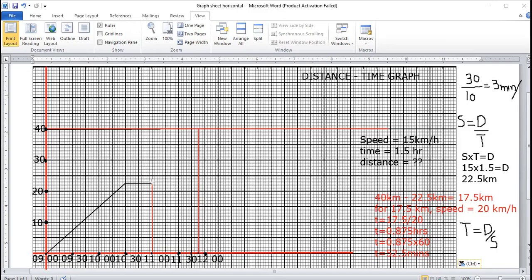Starting from here and ending at this point, and then erasing all the extra lines which are there. So this is your distance time graph for the given question.